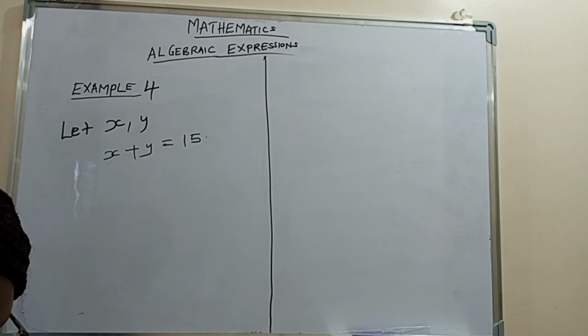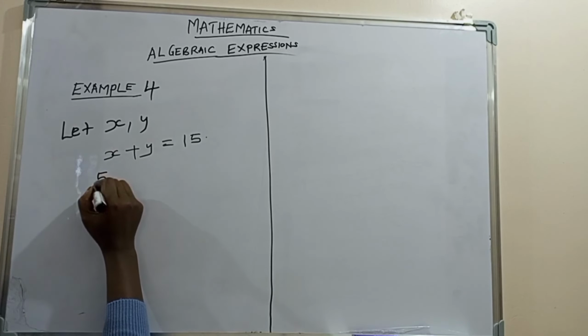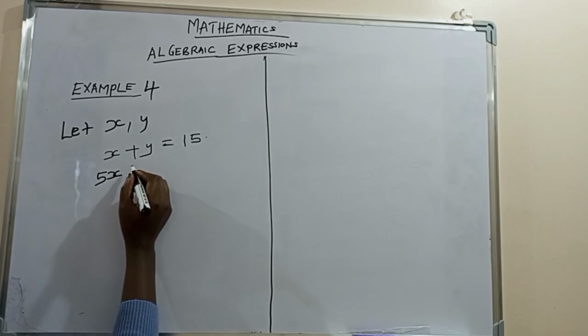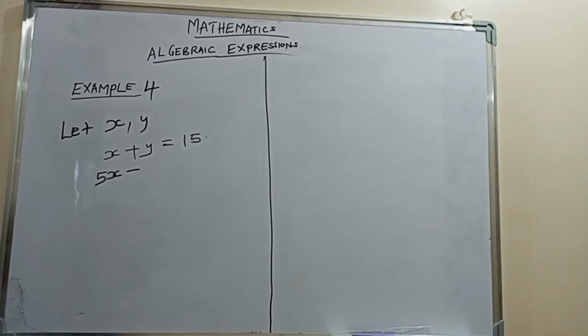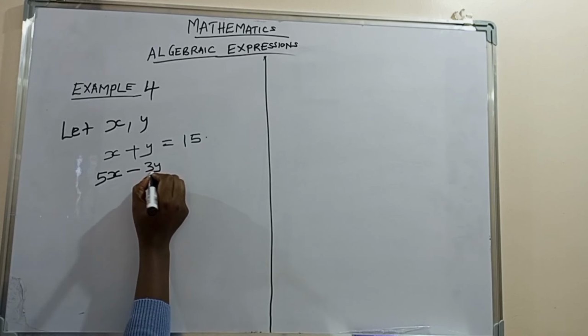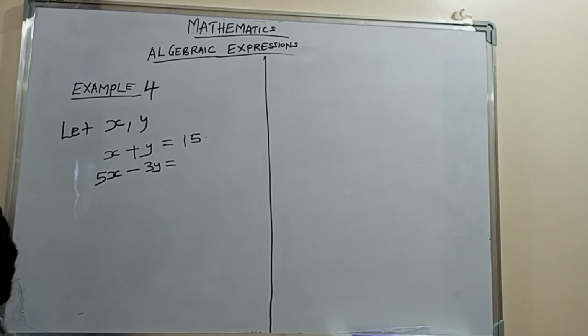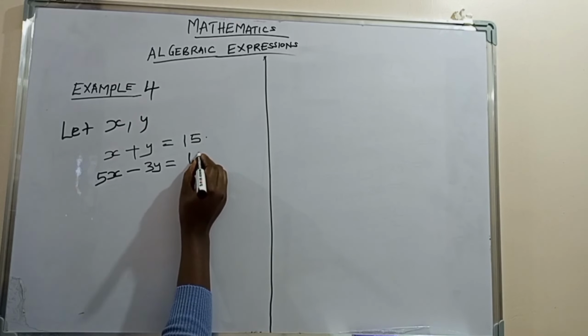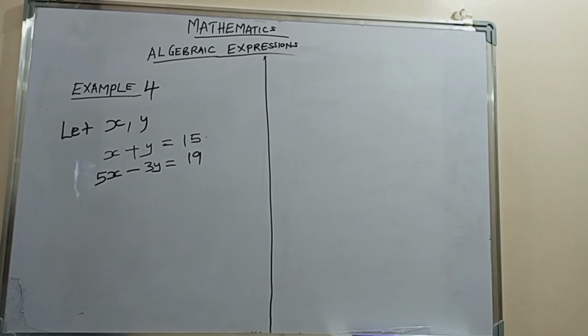And the difference between 5 times the first number and 3 times the second number is 19. So find the two numbers, x and y.